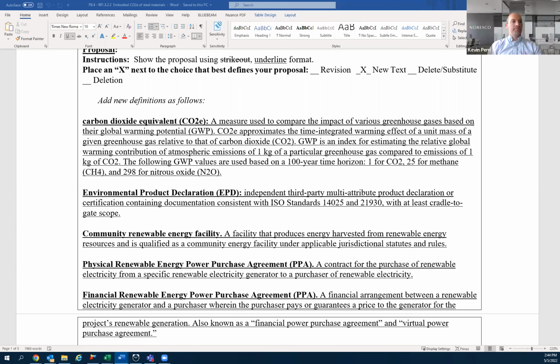Josh, go ahead. Yeah, I'd like to speak to Adam's comment. It's a good one. I was thinking about this in terms of the various scopes of emissions. So there's scope 1 emissions, which would not be present at an electric arc furnace, right? That's entirely scope 2. Let's say they have their own generator. And in my mind, to use the renewable options that are provided for scope 2 emissions feels totally appropriate.